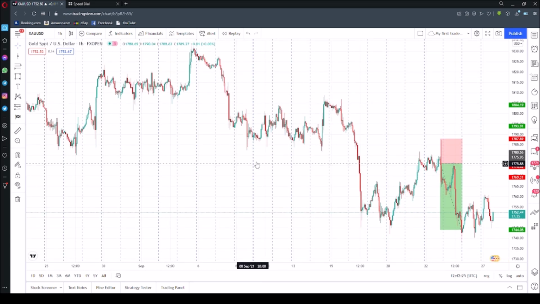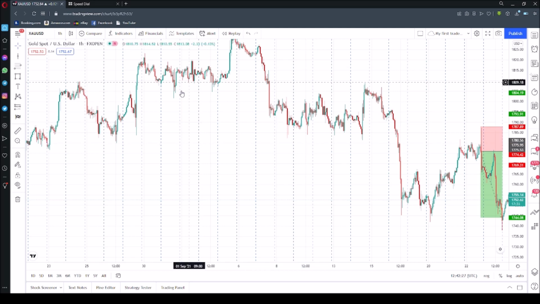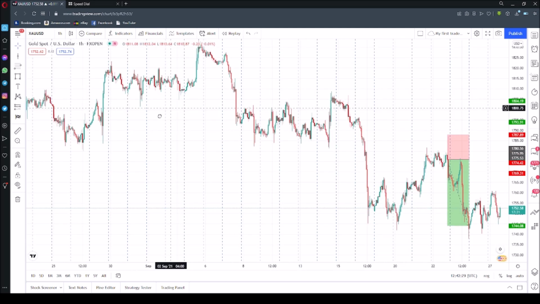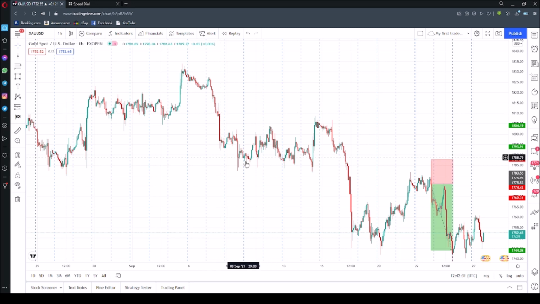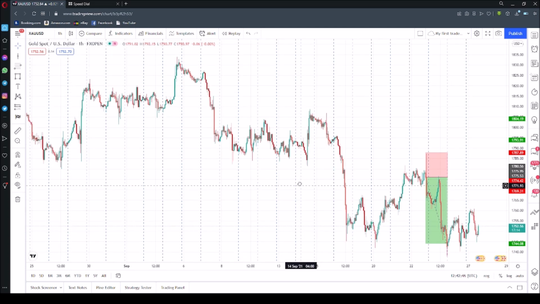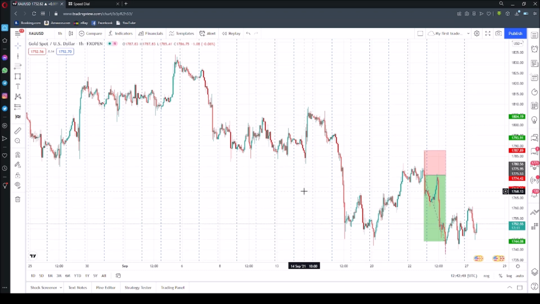So the recent point of entry on gold could actually be taken using the same concept. In this point, we had the last lower high. At this point, the market actually broke that last lower high, then it retraced, creating a new lower high in this new trend, then a new lower low in that new trend. It broke that one, and as I said, we wait for the second retest.